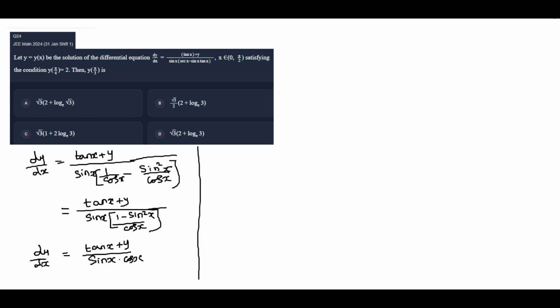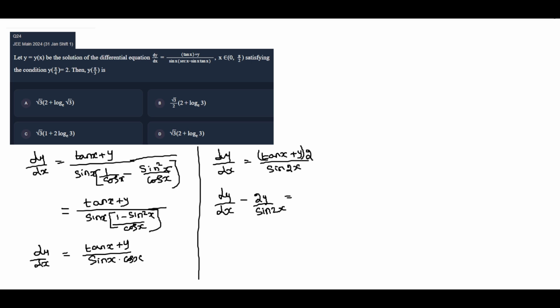Now dy by dx equal to tan x plus y by sin 2x by 2. The 2 will be changing into the numerator, so dy by dx minus 2y by sin 2x, which is equal to tan x by sin 2x.